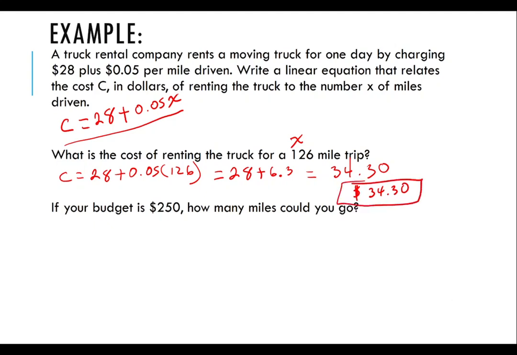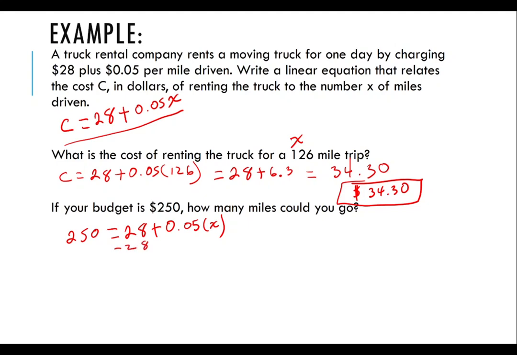Now let's play with it the other way around. Let's say the maximum amount of money that you could spend is $250. How far could you take that rental truck and stay within your budget? Well, if we know that the cost is $250, that's going to be equal to the $28 plus the nickel per mile. And so we can just solve for how many miles.